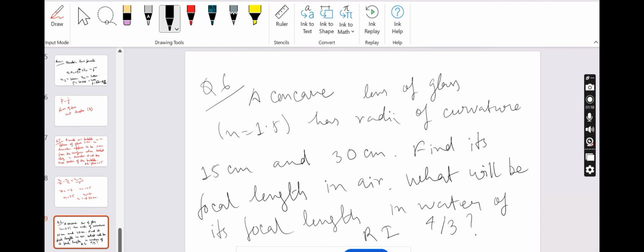So what will be the focal length in water?